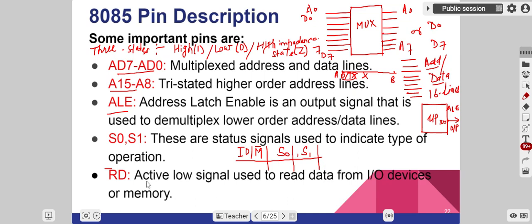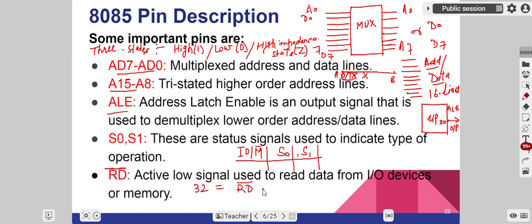For the time being, let us move over to the next pin, which is RD bar. Pin number 32 is RD bar. It is actually RD with a whole bar over it.